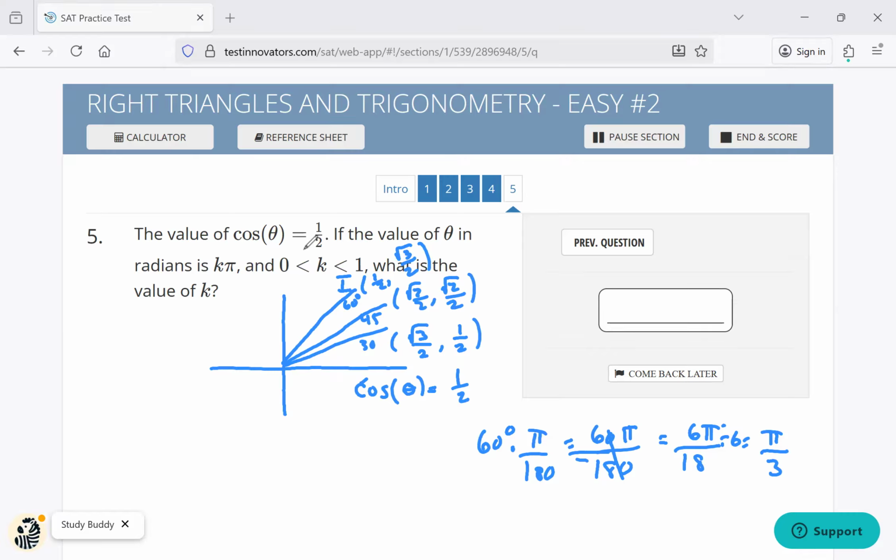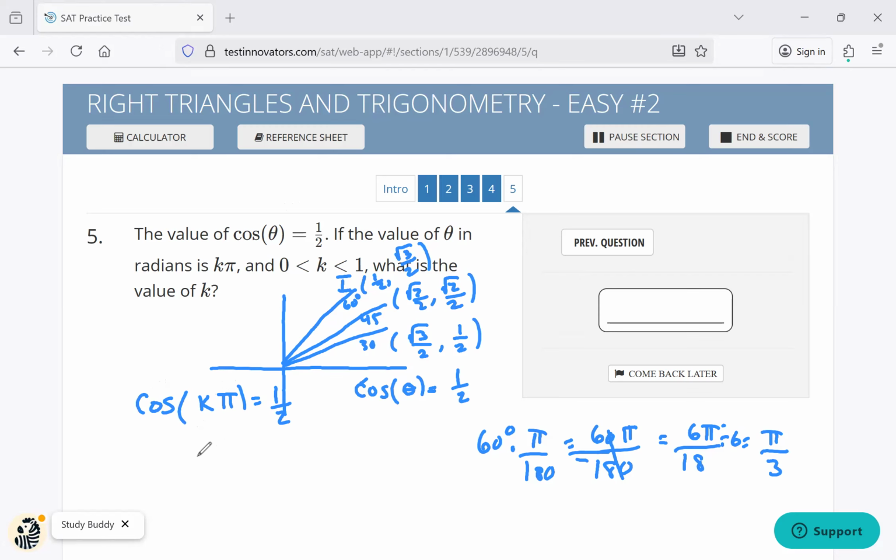If the value of theta in radians is k times pi, if the value of theta. Oh, okay. So yes. Okay. So they're saying to just replace theta with k times pi. So somehow we have to get pi over 3.